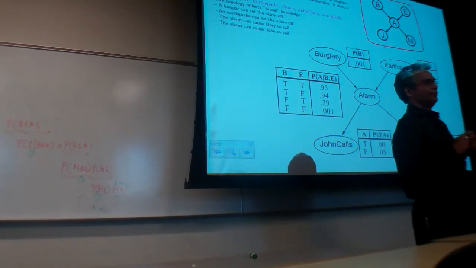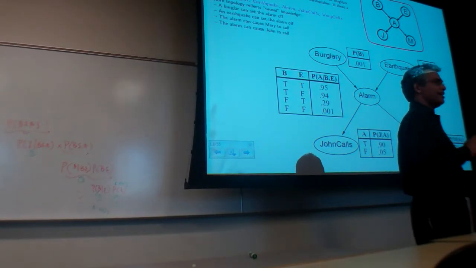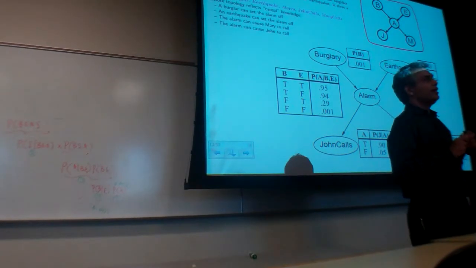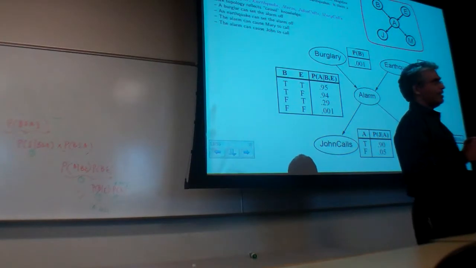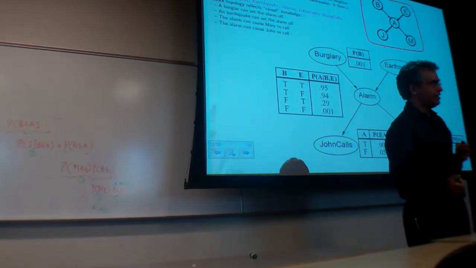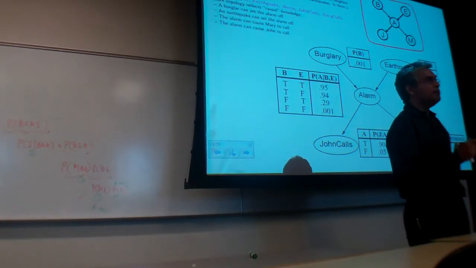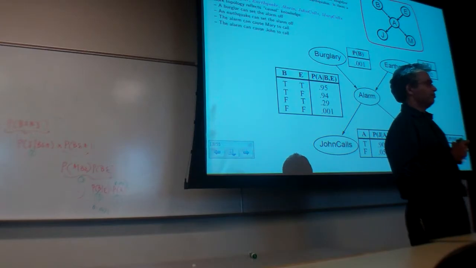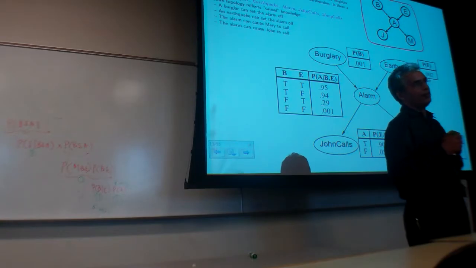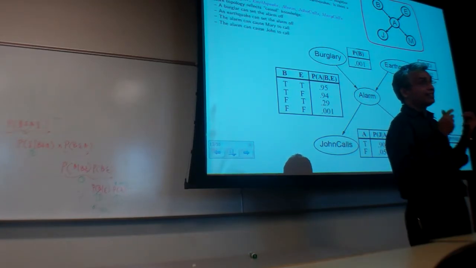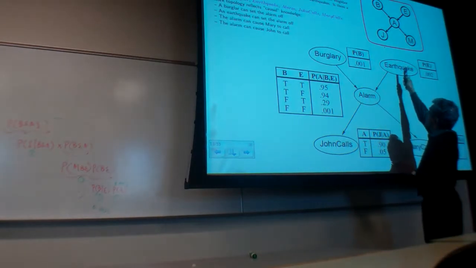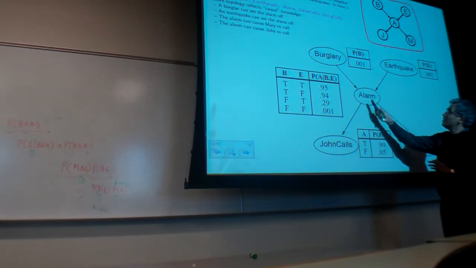And what I just said now is the same as what I said earlier. In particular, the general rule is that a node is independent of all its non-descendants given its immediate parents. That is a conditional independence that holds in this graphical model. That's actually the theory of networks. So P(J given A, B, E) is the same as P(J given A).